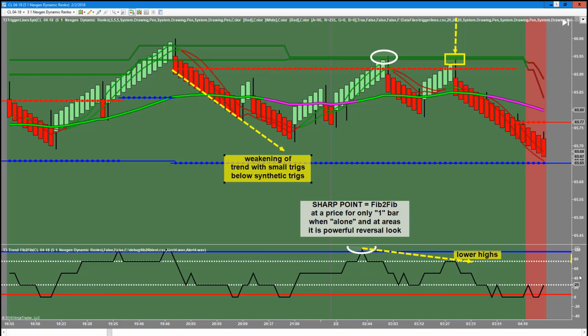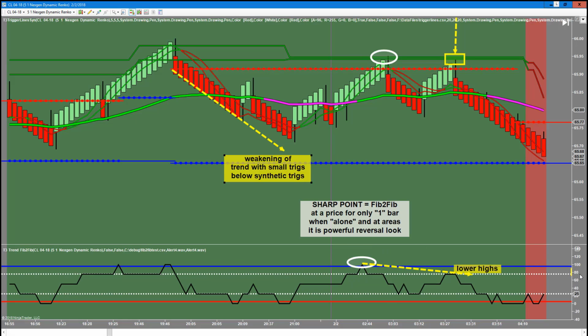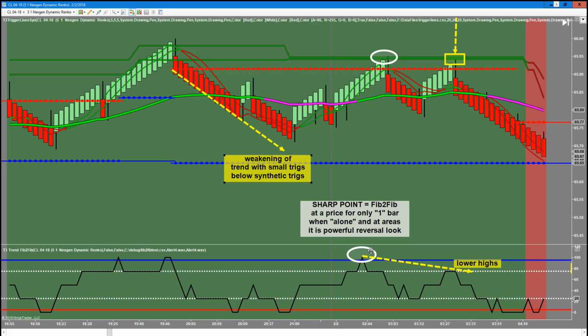And you'll see another pattern that happens a lot in our fib to fib oscillator, which is a sharp point. All that really means is that the fib to fib oscillator was at 100 or 75 for only one bar, and it makes what very visibly looks like a sharp point on your oscillator. Now, by itself, not very powerful.